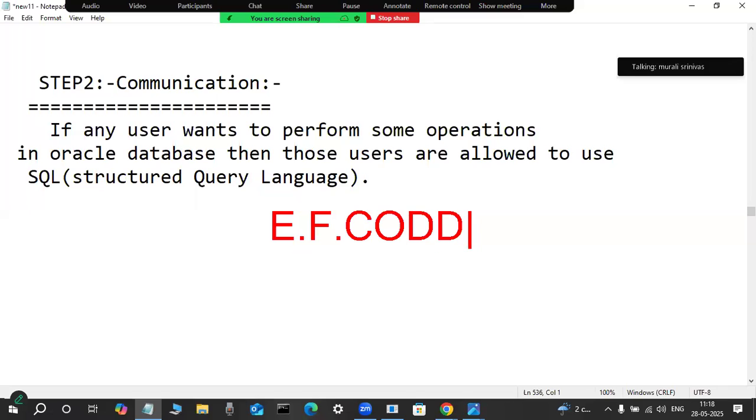He is the father of the relational data model. He introduced the SQL language, but originally this language's name was a different one.